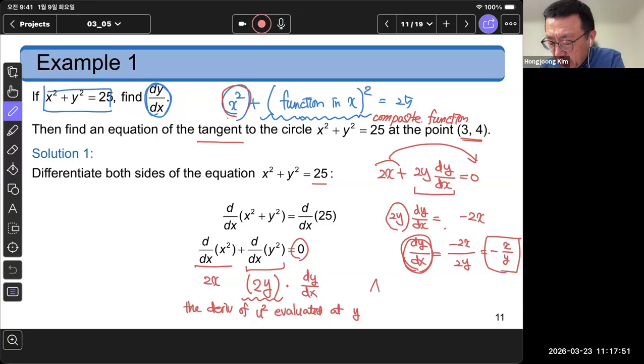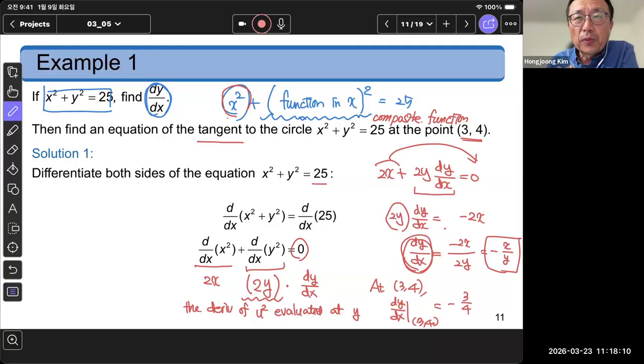So when x is 3 and y is 4, at that point dy dx, the slope of this tangent line, will be negative x over y.